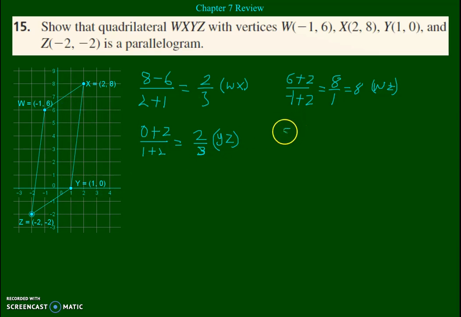So XY is 8 minus 0 over 2 minus 1, which is 8/1, which is 8, and that's XY. And we can see that both of these are parallel to each other, and therefore, yes, in fact, WXYZ is a parallelogram. And now on to problem 16.